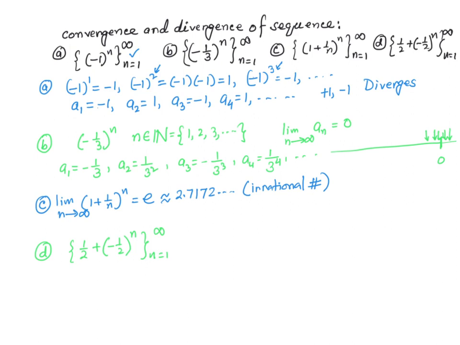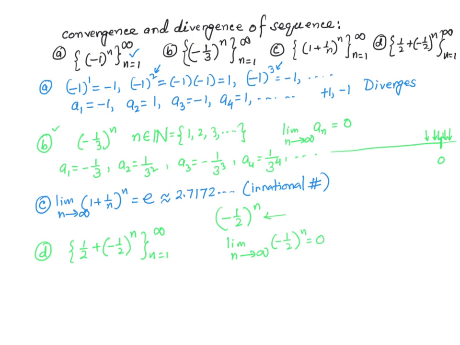Now this one is kind of like part B as well. See, we have negative 1/2 to the power n. As n approaches infinity, this goes to 0. So the limit as n approaches infinity of negative 1/2 to the power n is equal to 0.